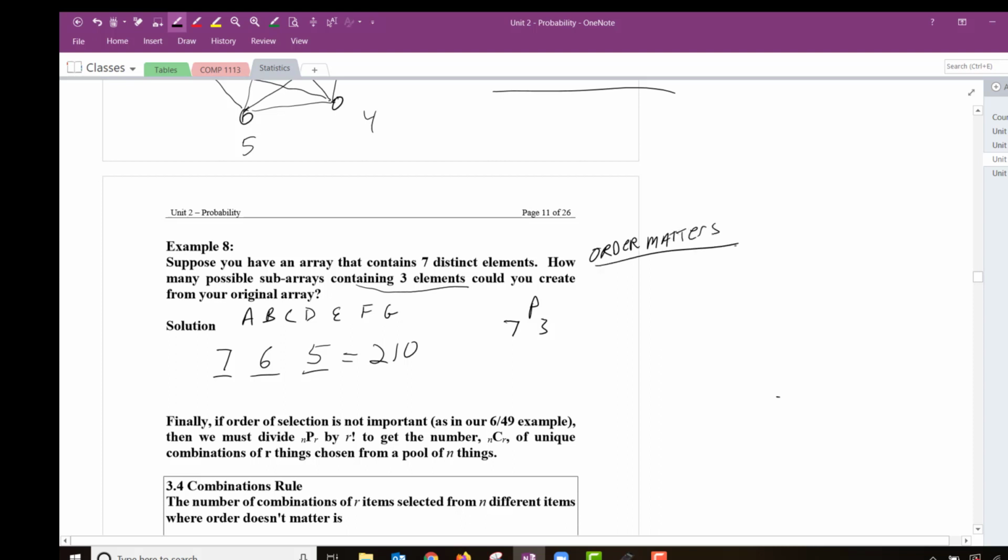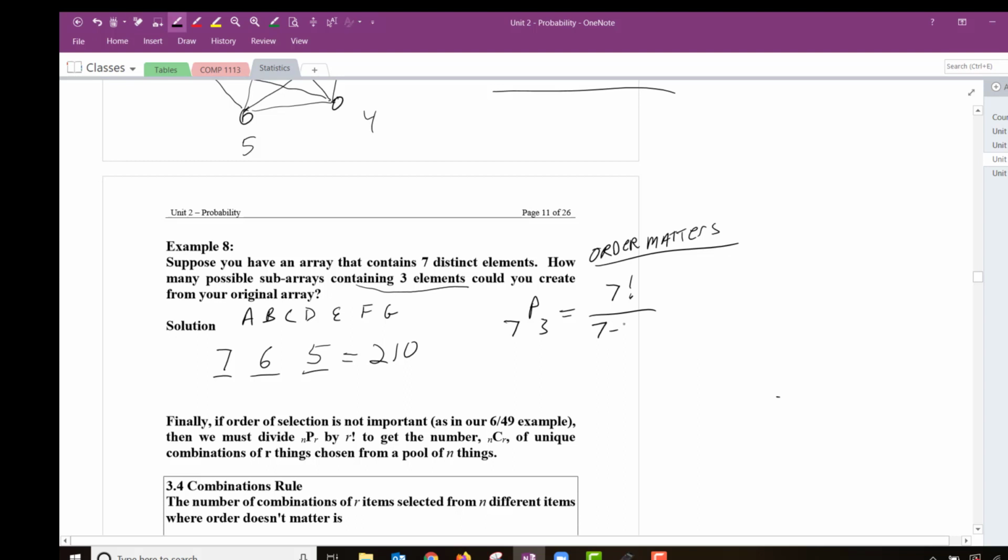So let's say that it does matter, so that ABC is different than CBA. If we did the permutation rule, it works out as n factorial, where n is 7, divided by n minus r factorial.